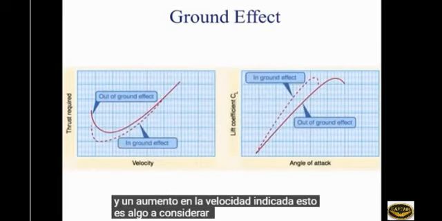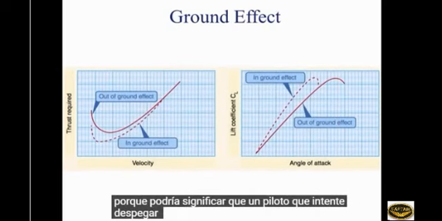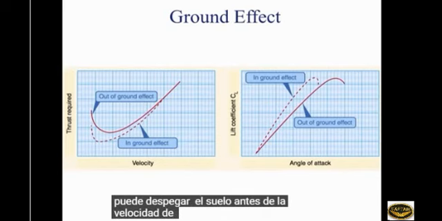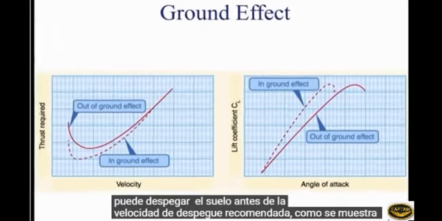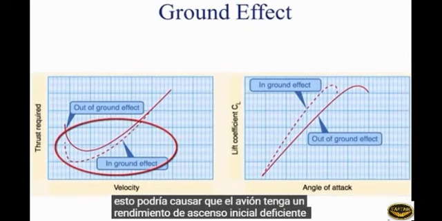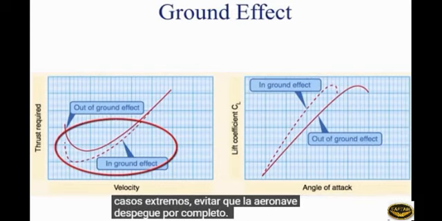This is something to consider on takeoff because it could mean a pilot attempting to take off will feel like the aircraft can lift off the ground prior to the recommended takeoff speed. As shown above, this could cause the plane to have poor initial climb performance and also, in extreme cases, prevent the aircraft from becoming airborne entirely.